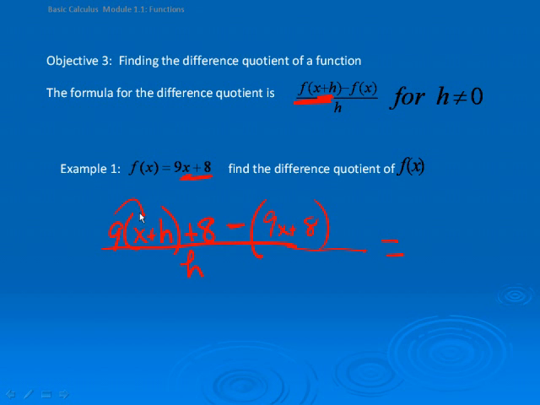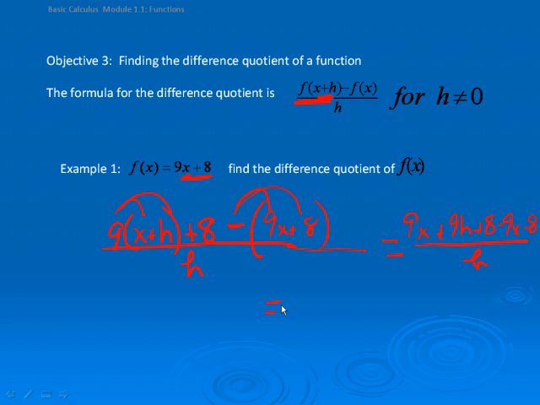Now I'm going to distribute into this, so that would be 9x plus 9h plus 8. I'm going to distribute this minus: minus 9x minus 8, all over h.